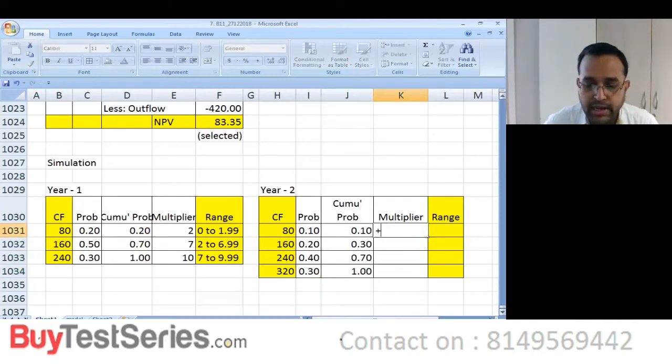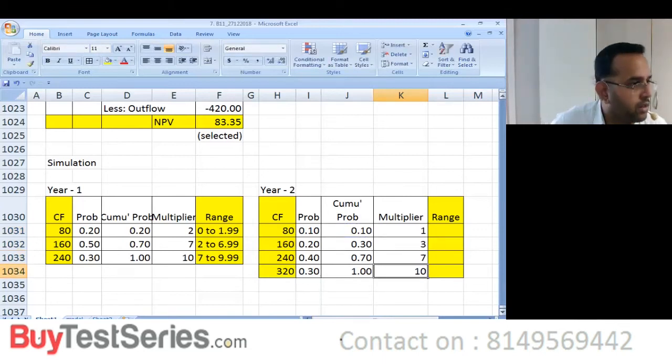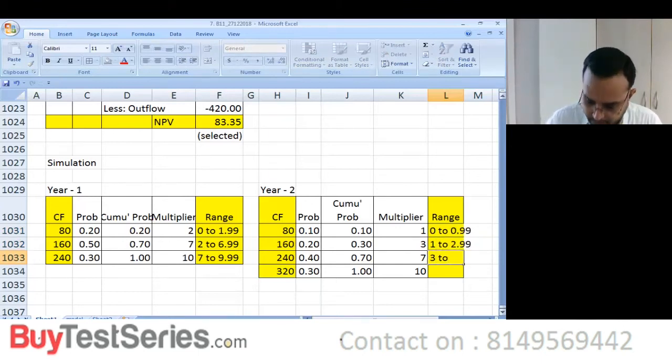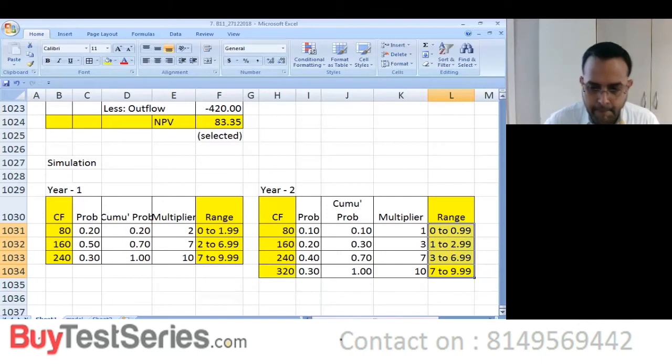And everything multiplied by 10. Your multiplier is constant 10. 1, 3, 7, 10. Right? So now the range is 0 to 0.99 and then 1 to 2.99, then 3 to 6.99, 7 to 9.99. Right?